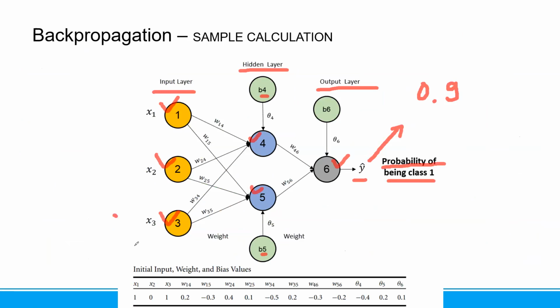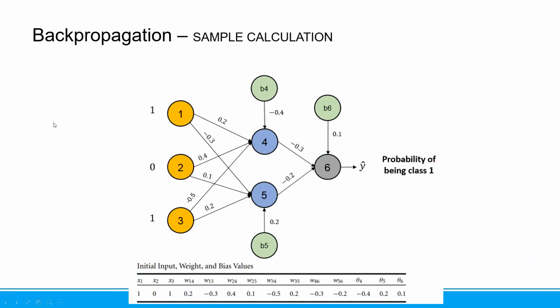So the remaining can be seen like this. Let's put the initial input X1 as 1, X2 as 0, and X3 as 1. Now let's try to put all the numbers into this network. So we have 1, 0, 1 for X1, X2, X3.